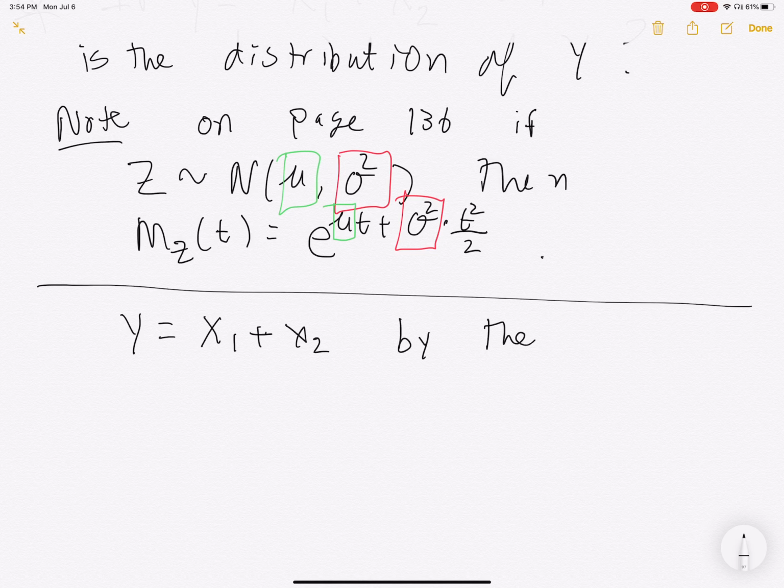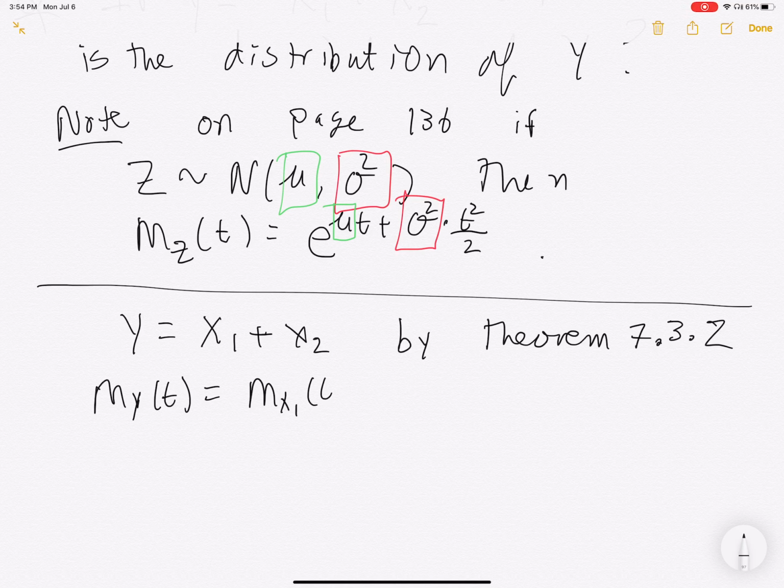By Theorem 7.3.2, we're going to have that the moment generating function of Y is going to be the moment generating function of X1 of t times the moment generating function of X2 of t. Since X1 and X2 are normal, I know their moment generating function just by using this.